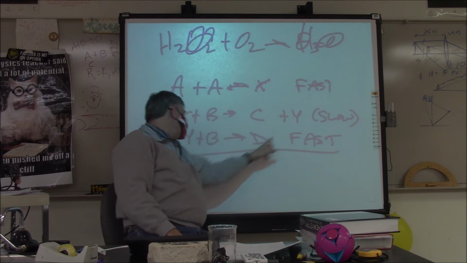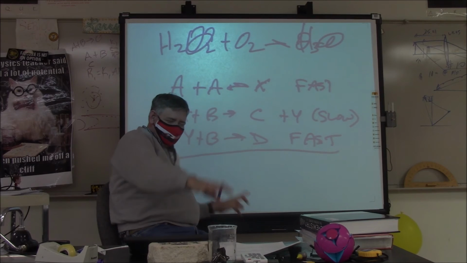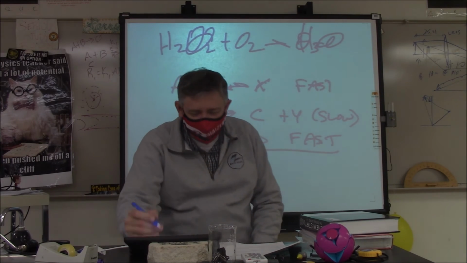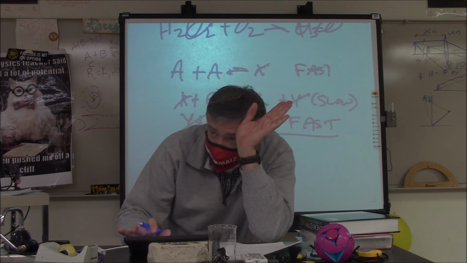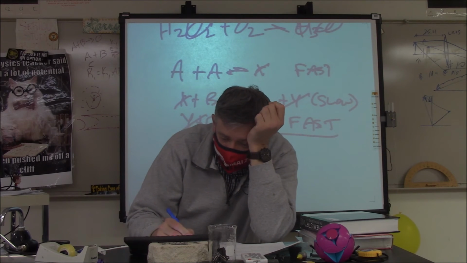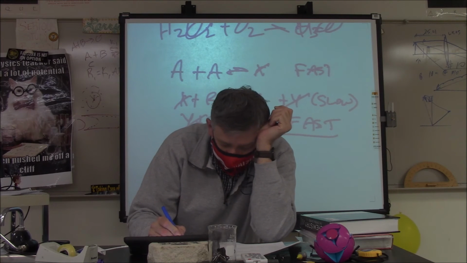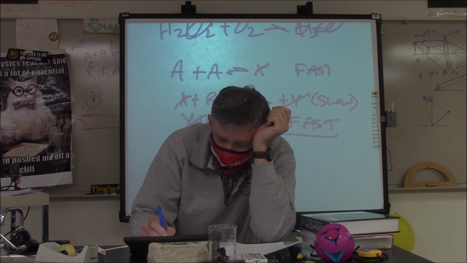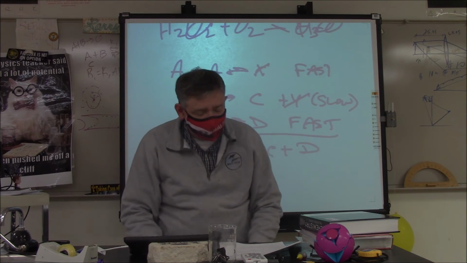Because I produce it here and I consume it here. Oh, I didn't see that plus Y. That's why I said, where's the Y coming from? I was very confused. Now, overall, what's my reaction? 2A plus 2B yields C plus D, right? That's my overall reaction.